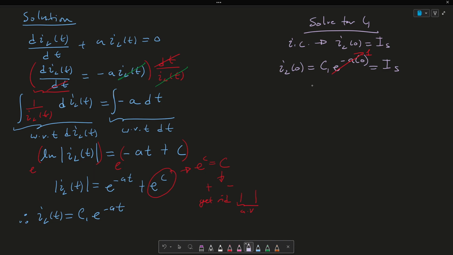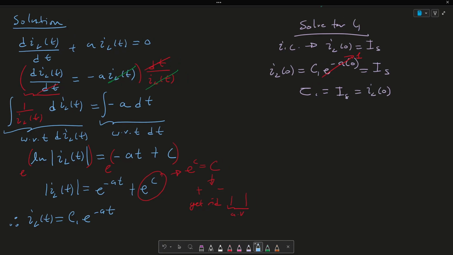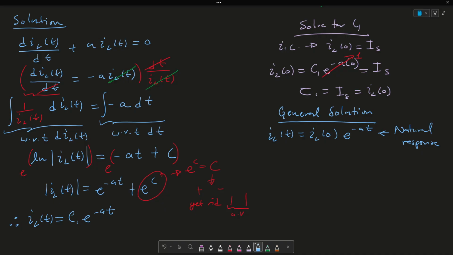So then that means that C1 is equal to IS, or IL of 0. So then now we can write our general solution. And essentially, we can say then that IL of t is equal to IL of 0, or the initial condition, e to the minus At. And this is what's considered your natural response equation, or how the inductor behaves when you disconnect it from its DC source.